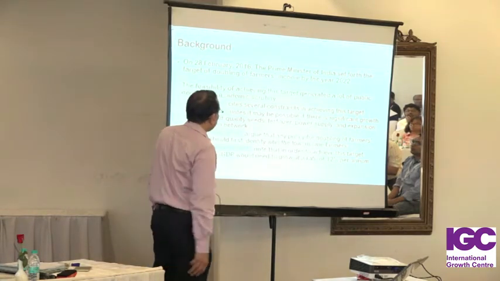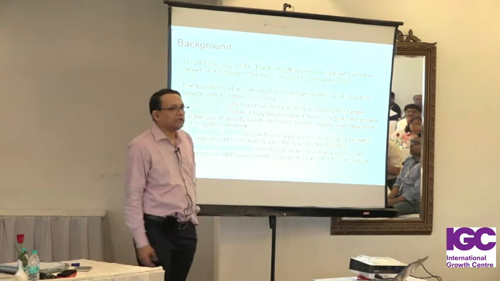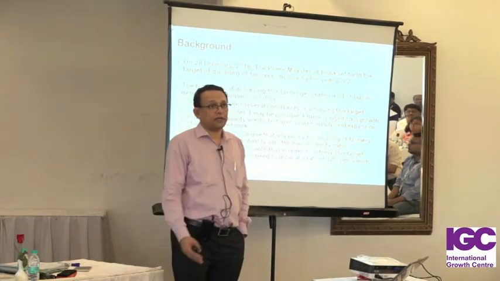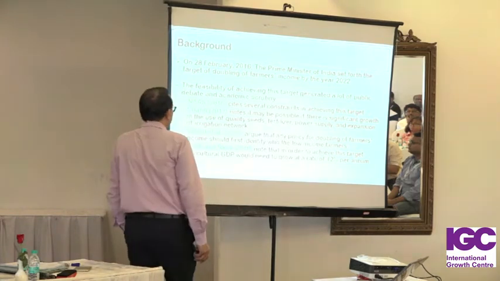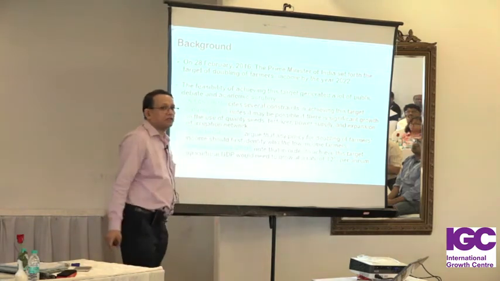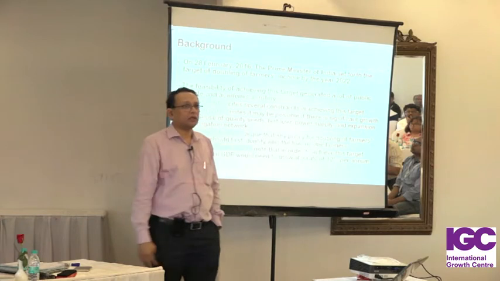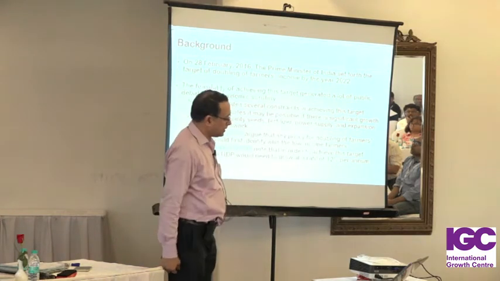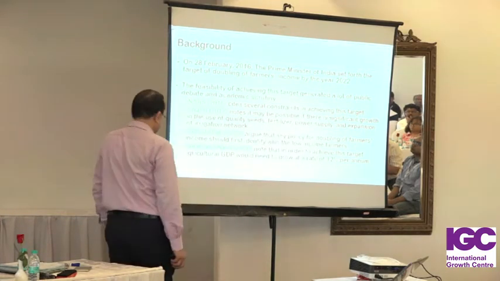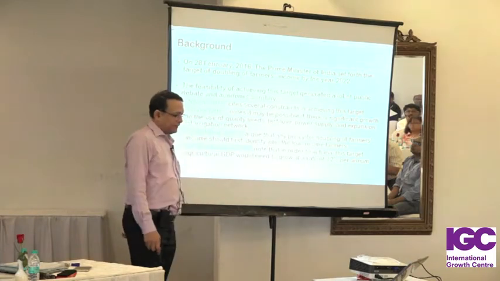The quality of seeds, the quality of fertilizer, the quality of power supply, and the expansion of the irrigation network. These were all critical elements that Chand identified.